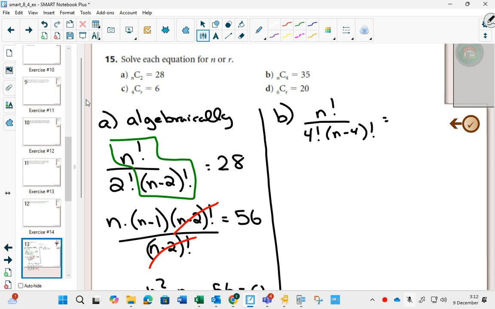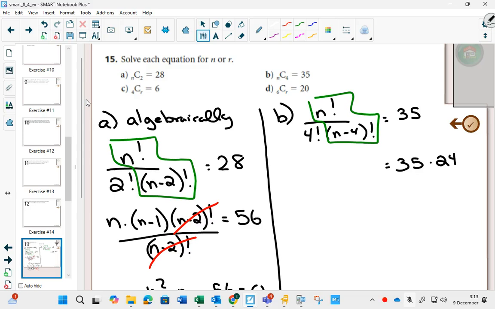N minus 4 factorial equals 35. 4 factorial is 24. I'm going to simplify my factorials. Are you okay if I move the 24 to the other side? Are you also okay if I'm lazy and I just leave it as 35 times 24? This is going to be beneficial in a little bit. I think it's 840 if you really want to know.